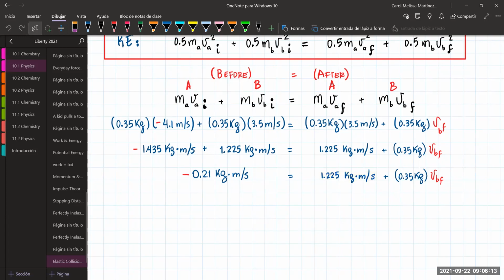You're going to isolate it. So this number remains in the same position. And the other one is going to remain negative. 1.225 kilograms meters per second equals 2.